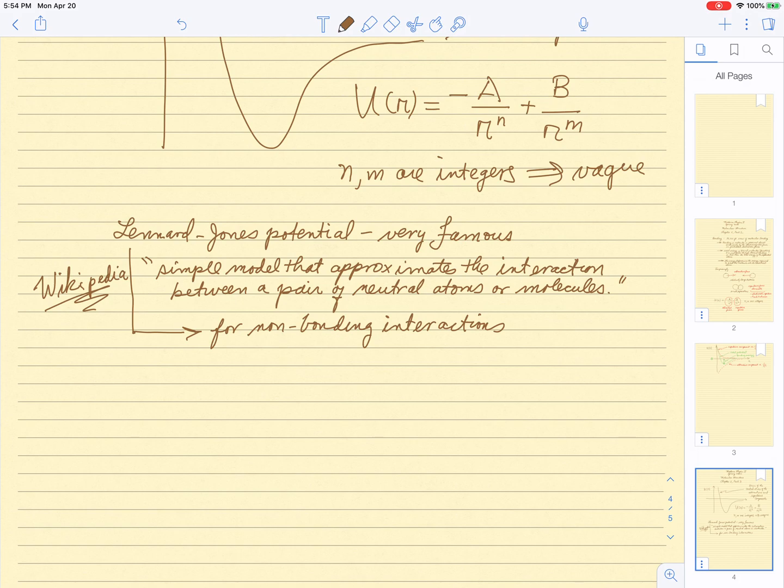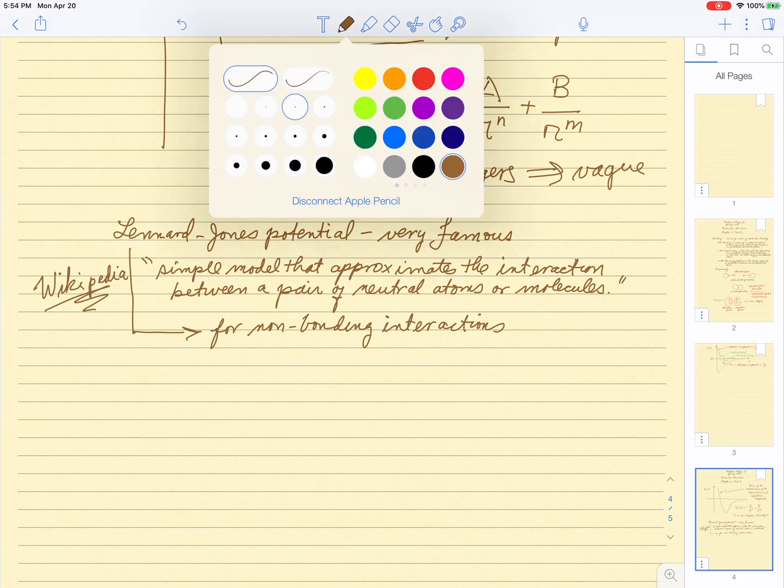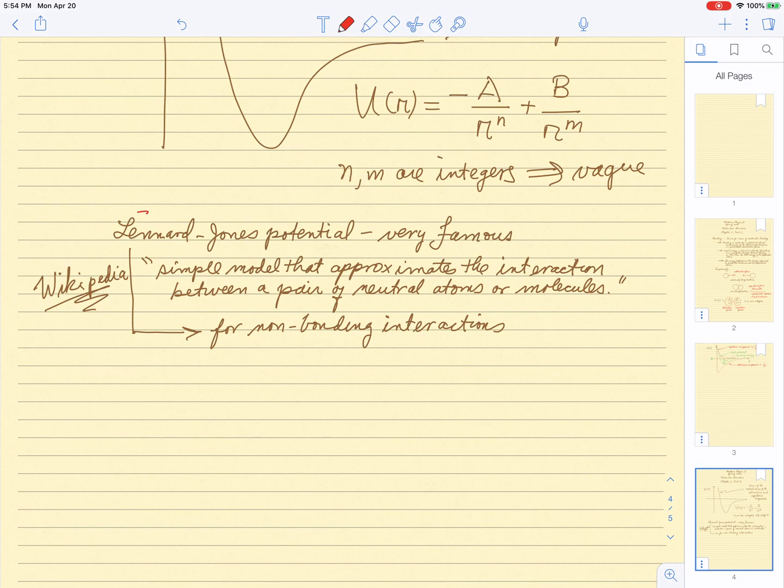And a couple of things, right? A couple of historical things is Lennard-Jones. Lennard-Jones is one individual.